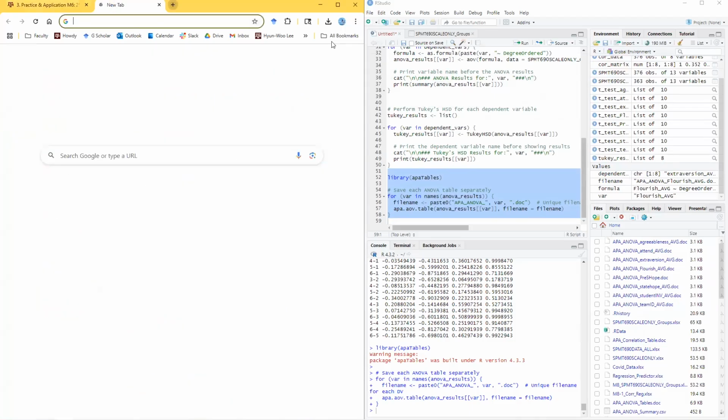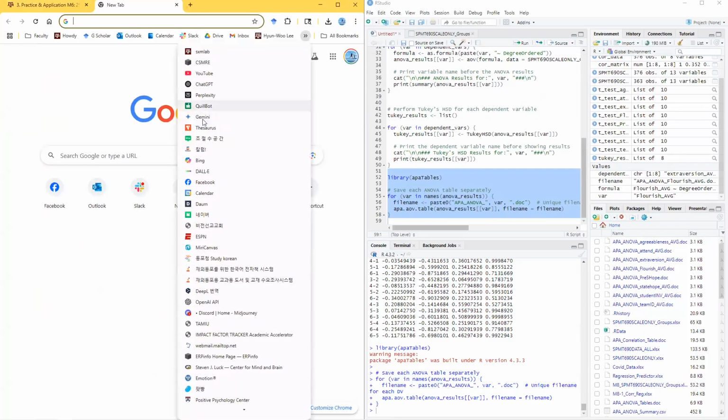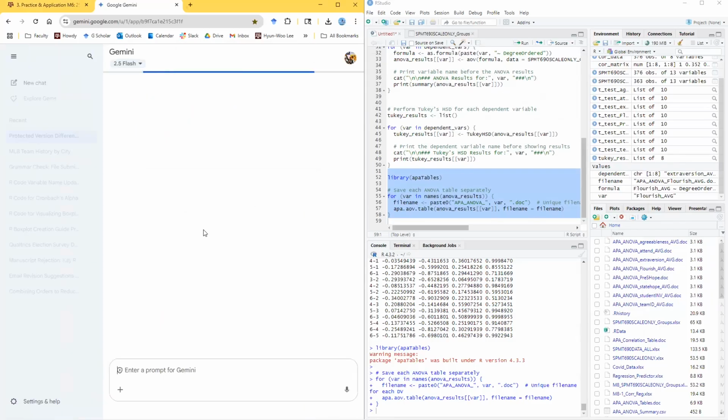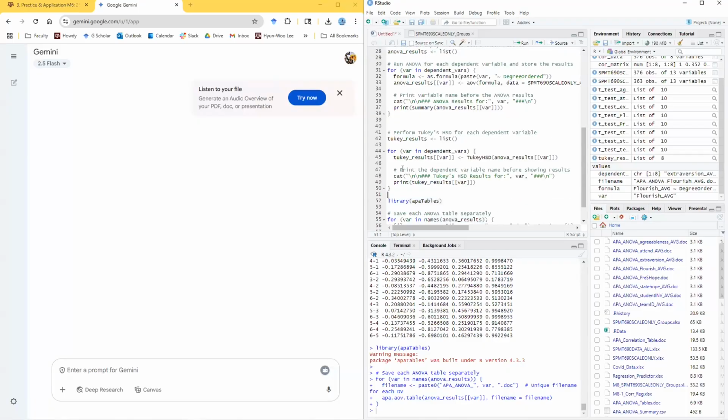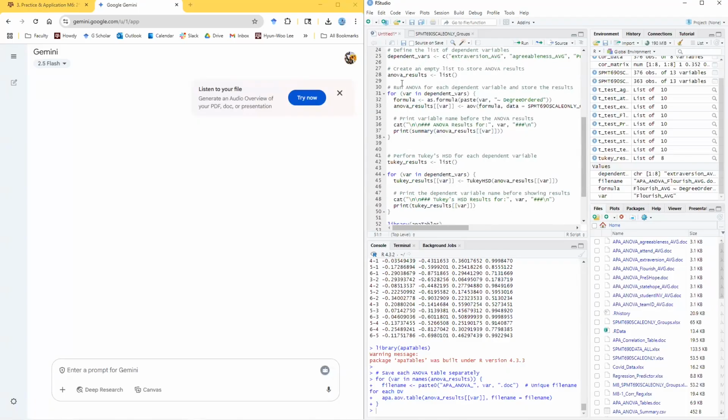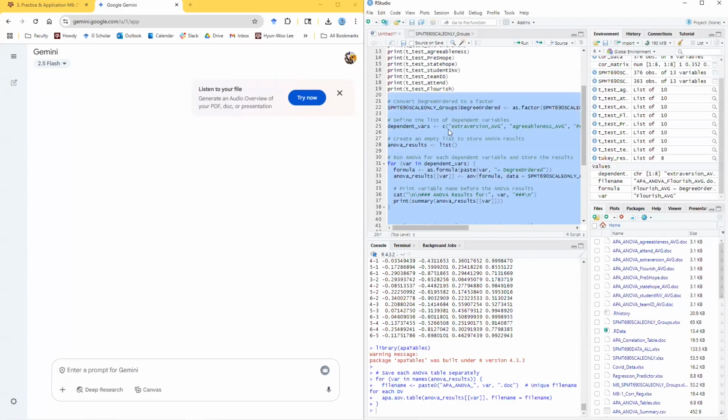So let me go to Gemini. I'm going to start a new chat. And I'm going to show the ANOVA command that I ran. Yeah, starting from here.